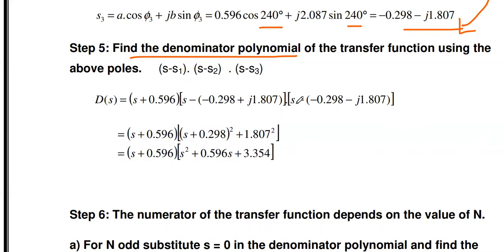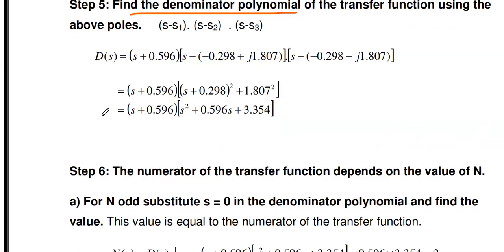Then you multiply, that is s plus 0.298 minus j 1.807, similarly s plus 0.298 plus j 1.807. So if we multiply and rearrange, we can get the answer like this. The denominator polynomial is equal to s plus 0.596 into s squared plus 0.596s plus 3.354. Okay, this is the denominator polynomial.